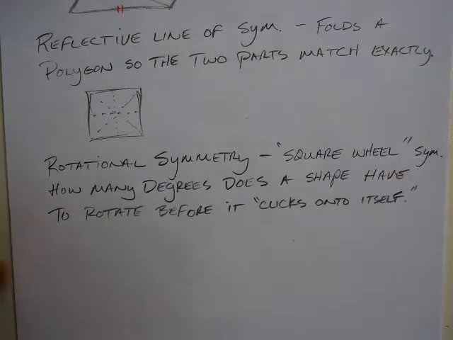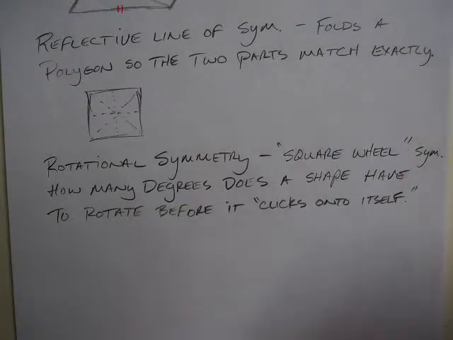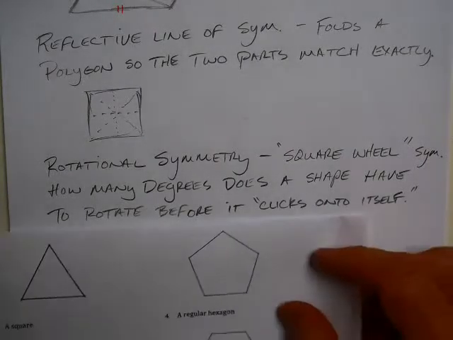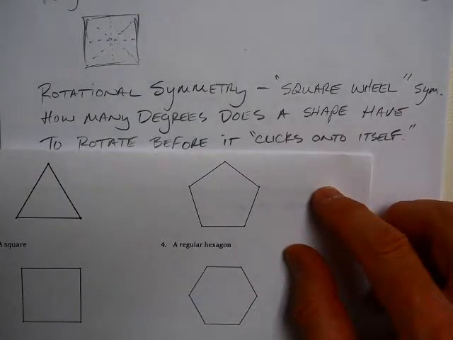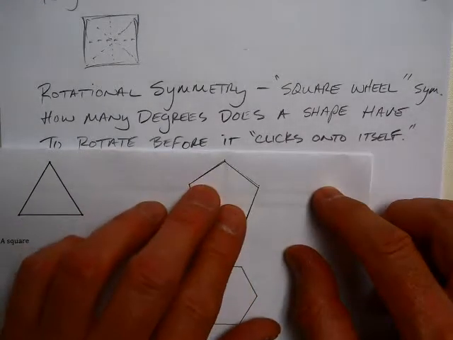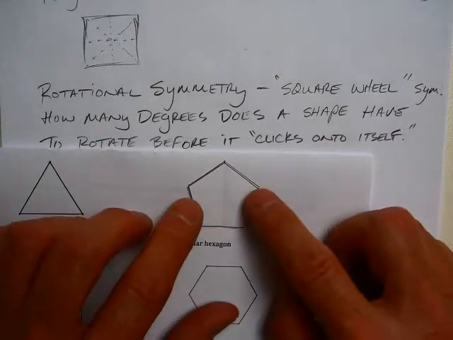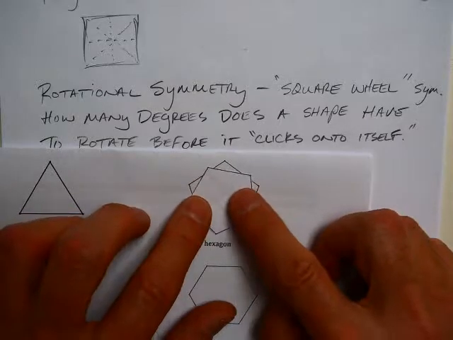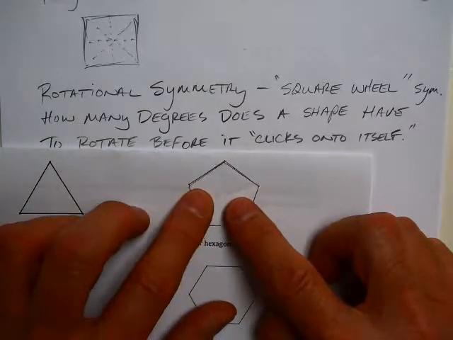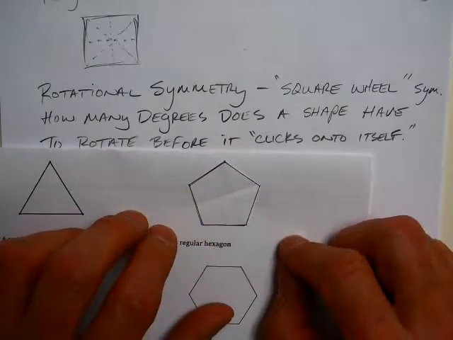Again, maybe more my words than my idea. But here's what I mean by that. If I take my pentagon that I've cut out here and I rotate it, how far do I have to rotate it before it fits or clicks back onto itself?